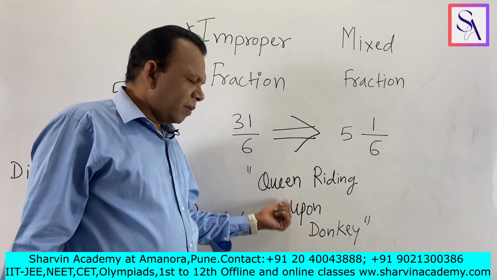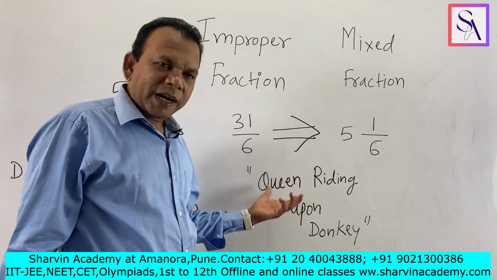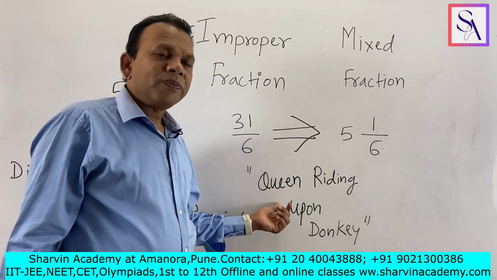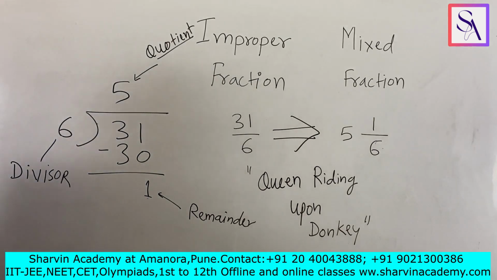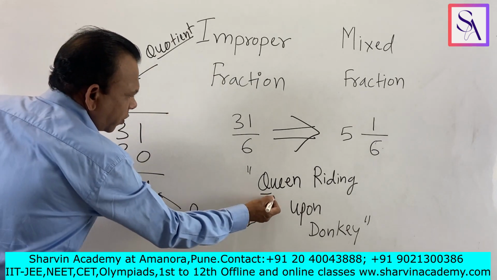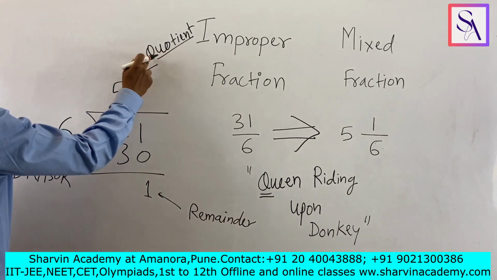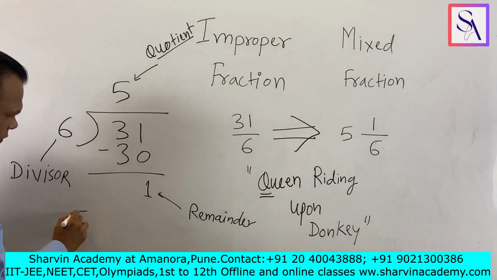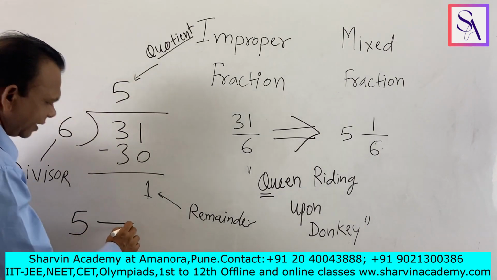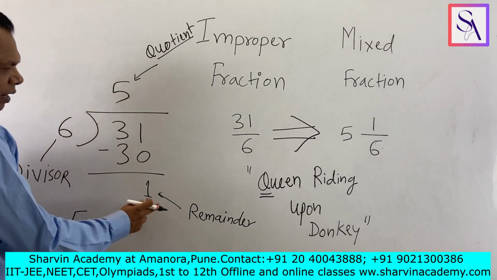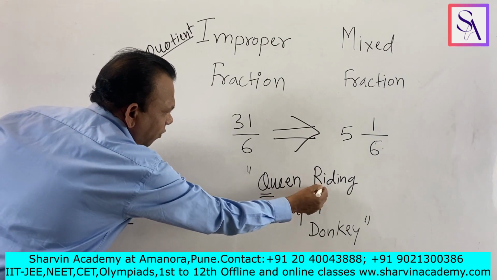So you have to remember this statement, and with the help of this statement you need to write the mixed fraction. Here queen means q. Q is what? Quotient. This is our queen, so we write q like this. Queen riding. Riding means remainder, so take r from riding.